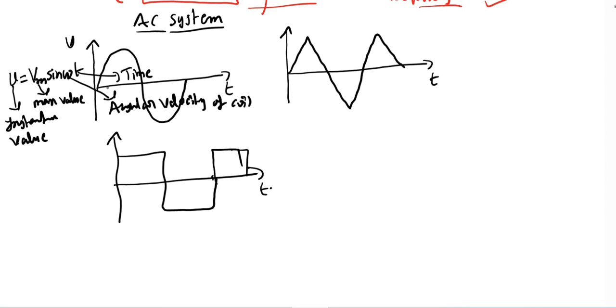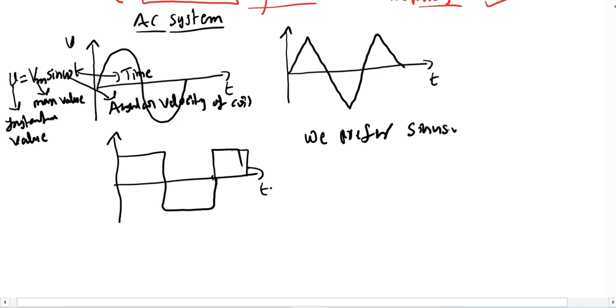One point I want to stress here: among all these different waveforms, sinusoidal, trapezoidal, square or sawtooth, we mostly prefer the sinusoidal waveform as our alternating current waveform.